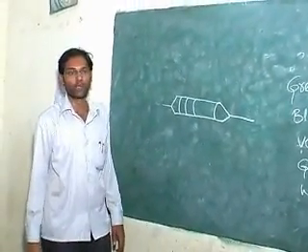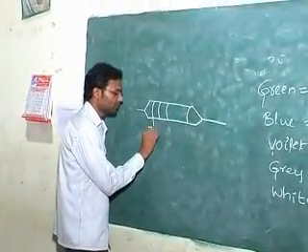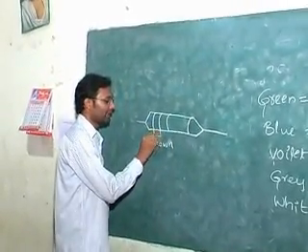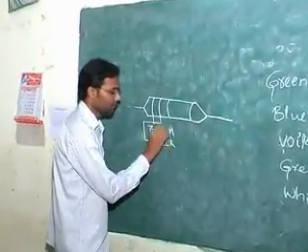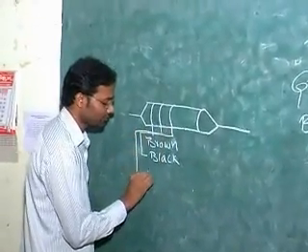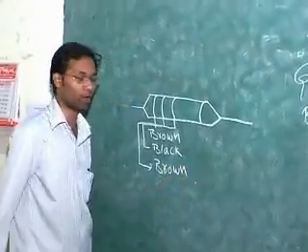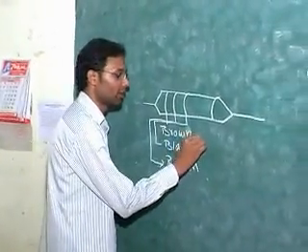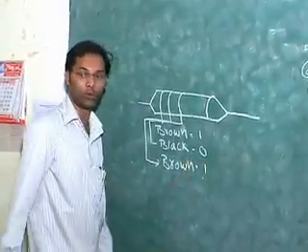Now, the first color is brown, the second color is black, and the third color is brown. Brown is nothing but 1, black is 0, again brown is 1.